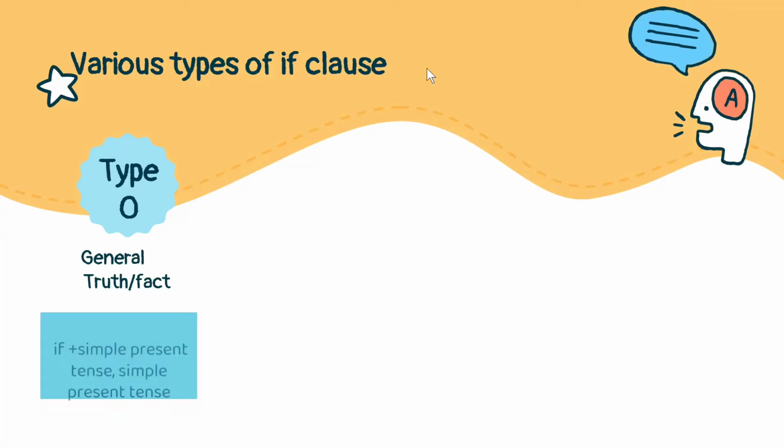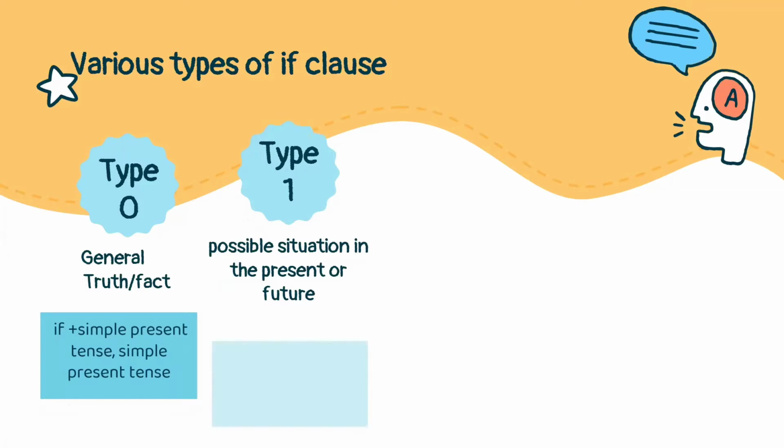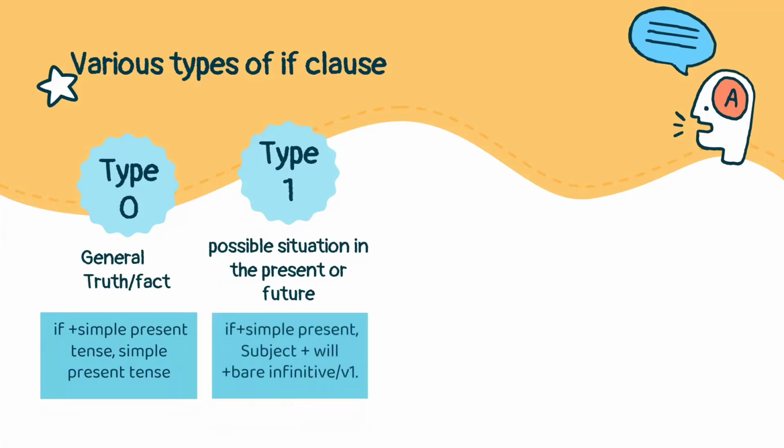With pattern, if plus simple present tense, simple present tense. Second, type 1, possible situation in the present or future. With pattern, if plus simple present, subject plus will plus bare infinitive verb 1.